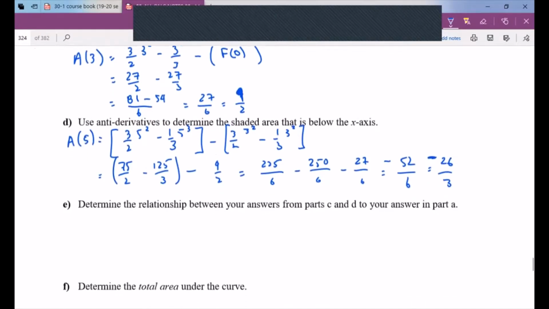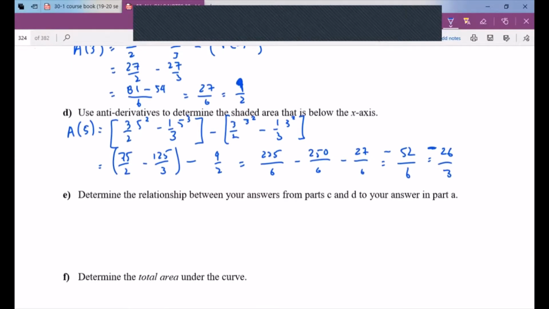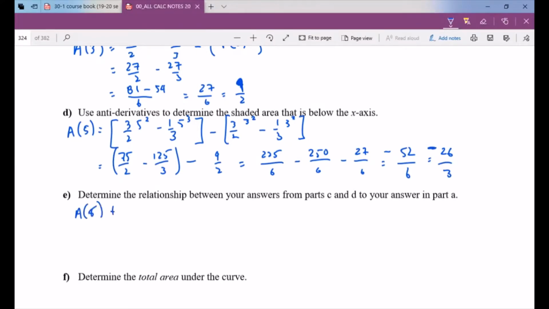So what we have in part C and part D is, if we add these together, if we take A5 and we add A3, if we take negative 26/3 and we add 9/2, then we end up with negative 52 over 6 plus 27 over 6.